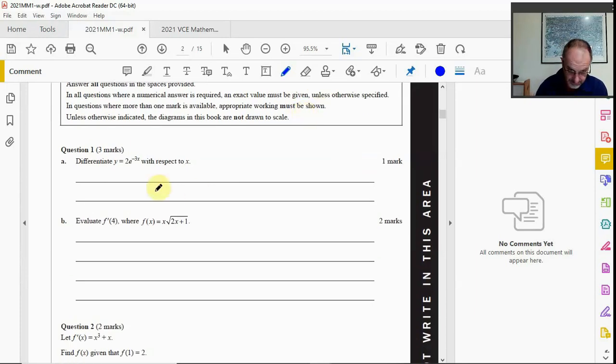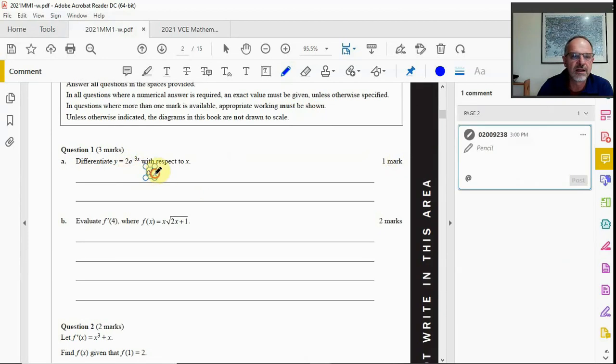All right. So before we go too much further, let's have a look at this one. First question: differentiate y equals 2e to the negative 3x with respect to x. In this particular case, 1 mark, so you can go straight with your answer.